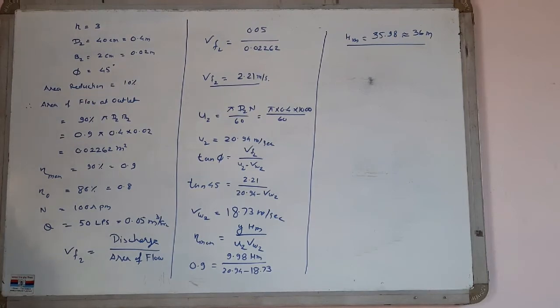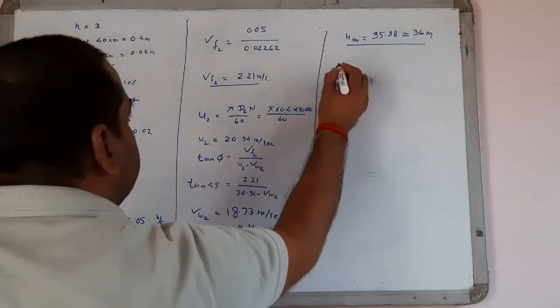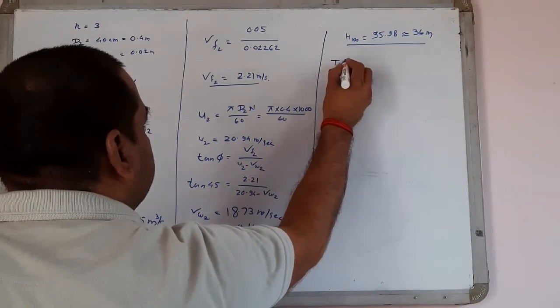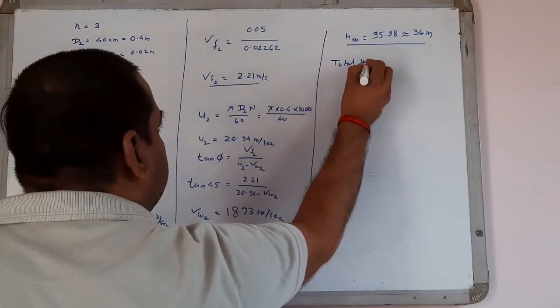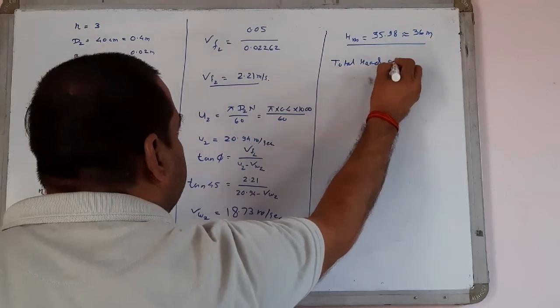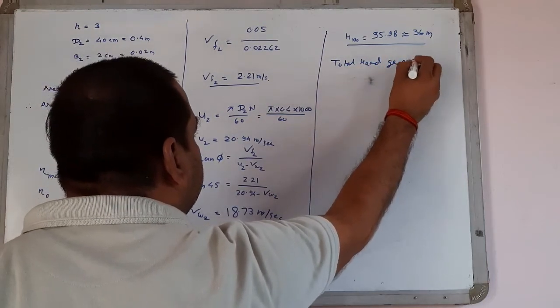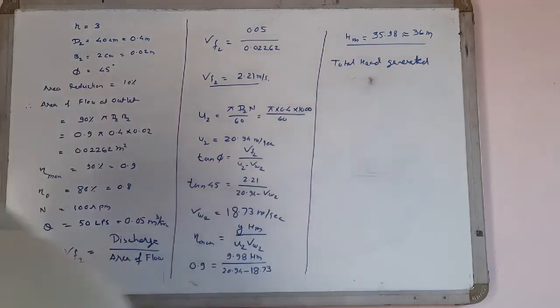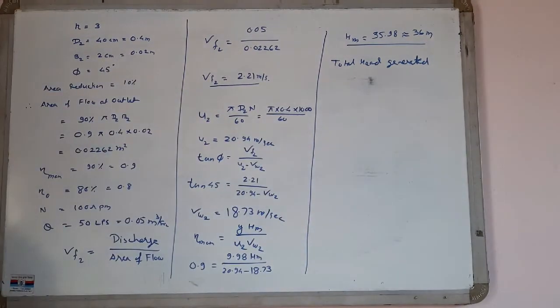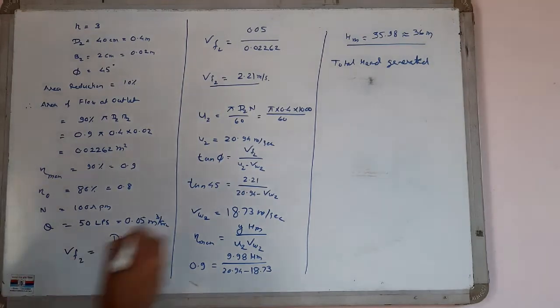Now using the equation, the total head generated by the pump, here 3 stages are there, so total head generated by the pump is equal to 3 into 35.98.